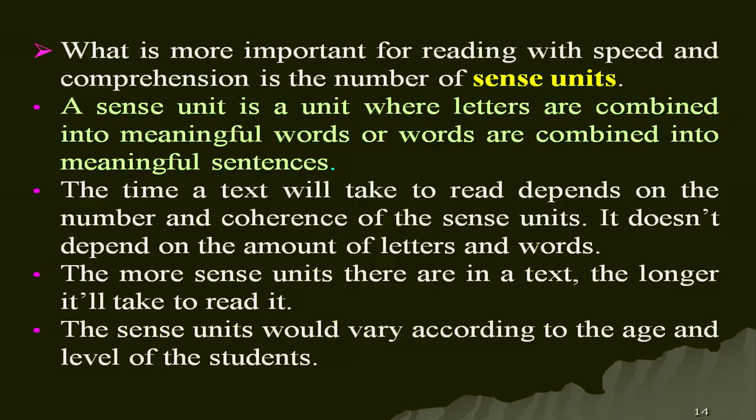So the time a text will take to read depends on the number and coherence of the sense units. How many sense units are there? Not the letters and words, but the meaningful units, and also the coherence of the sense units, how they go well together.